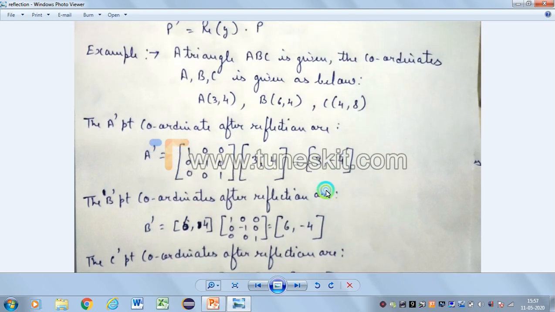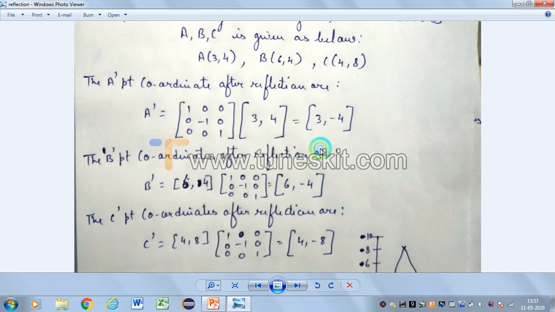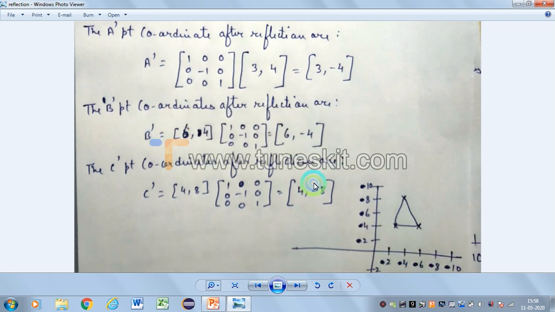With respect to the x-axis. With respect to the x-axis, we keep the x values the same, but flip the y value. That's why we are putting minus 1 here. So multiply with this 3, 4, we get a new coordinate 3, minus 4. Again, B dash is multiplied with your reflection matrix, and we get 6, minus 4. Again, C point coordinates after reflection are 4, minus 8, right?